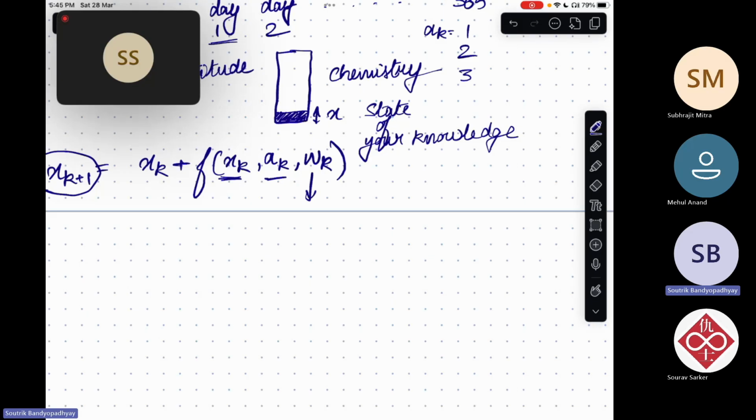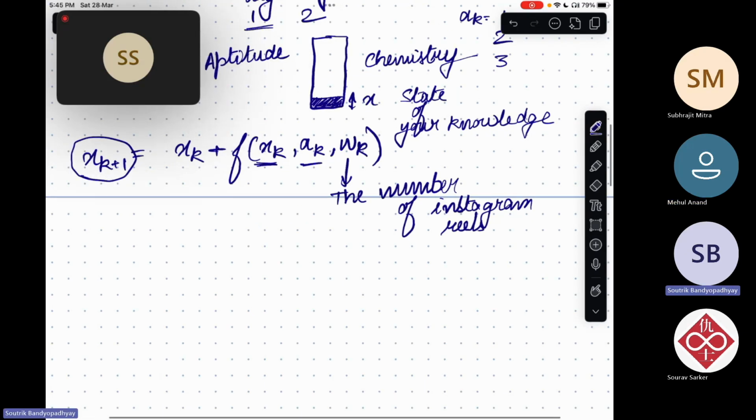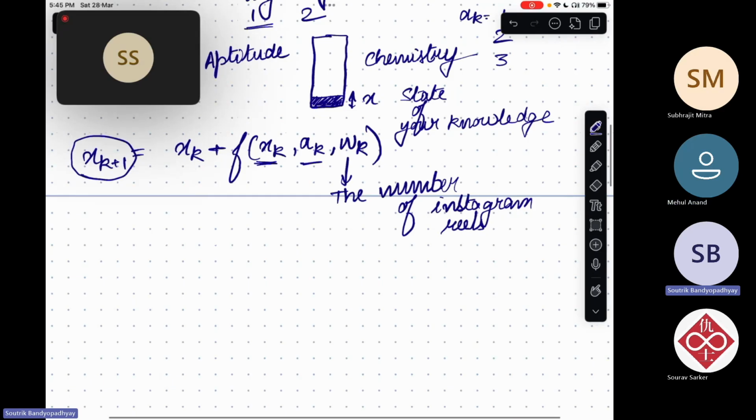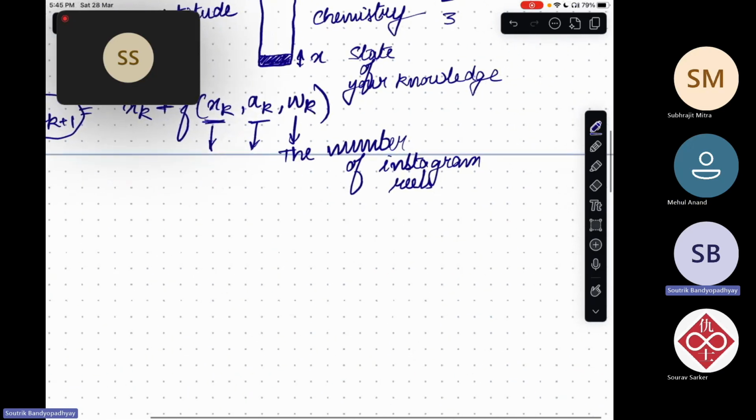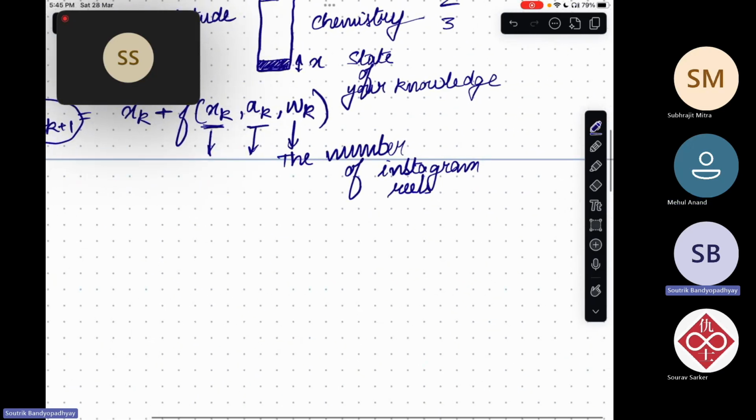So this may be the number of Instagram reels that you watch, right? This is your current state of knowledge. This is the number of actions that you take, be it studying for the test and so forth. And this W may be a destructive noise or disturbance that is coming into the picture.